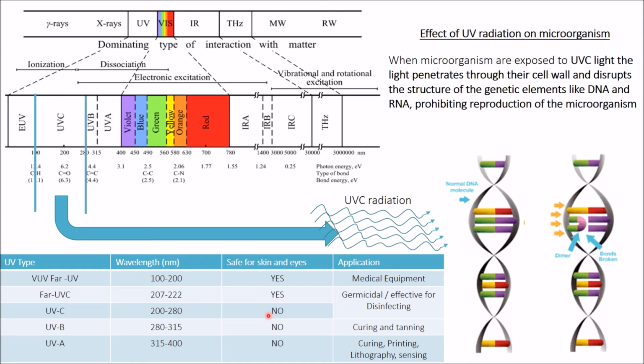However, nowadays we also have far UVC, which is in the range of 207 to 222, and vacuum UV, which is also kind of far UV, in the range of 100 to 200. These are also germicidal, but they are safe for eyes. In our experiment, which I'm going to show you, I did not get far UVC, so I'm using UVC radiation only. If you're trying to attempt this, use far UVC or VUV.